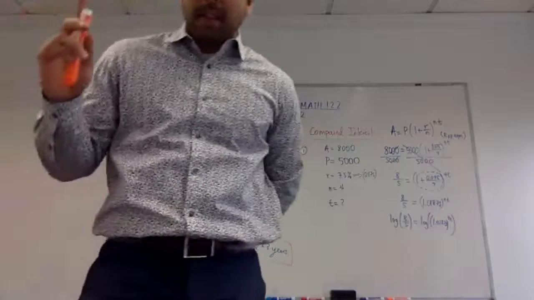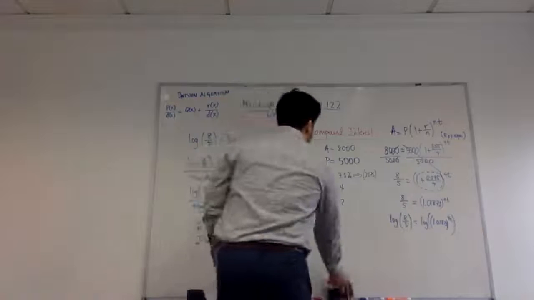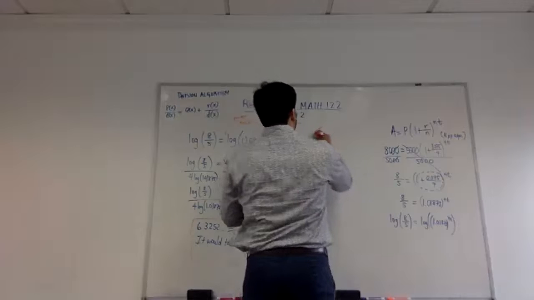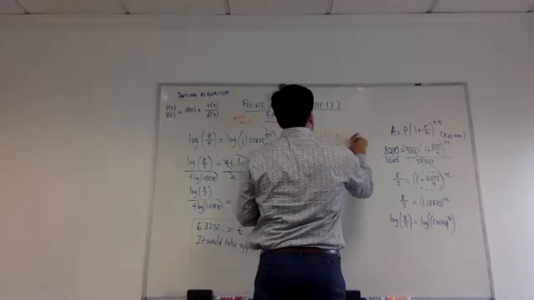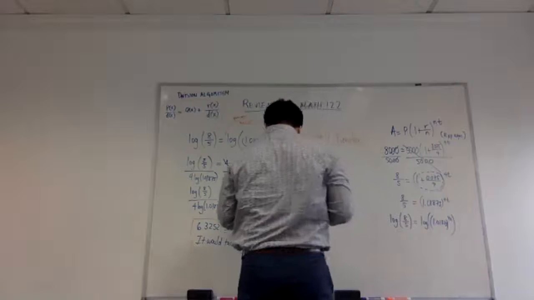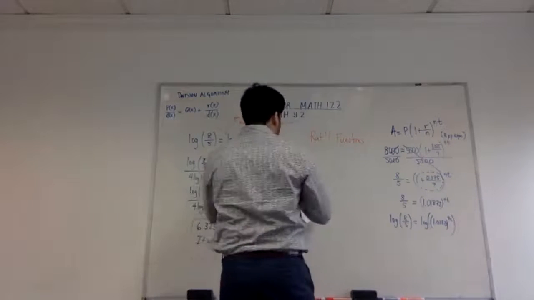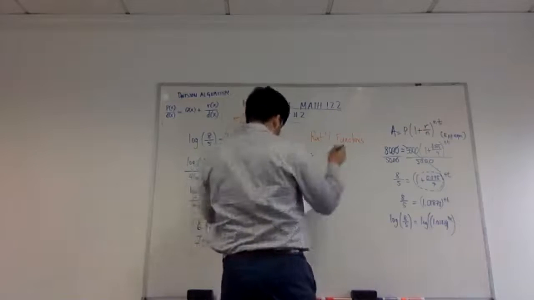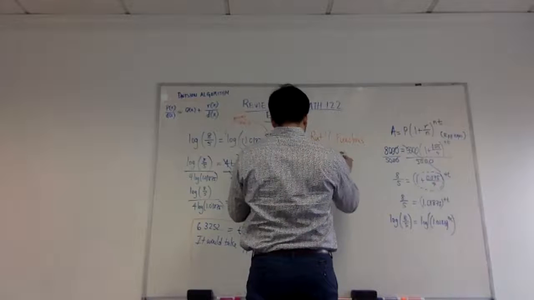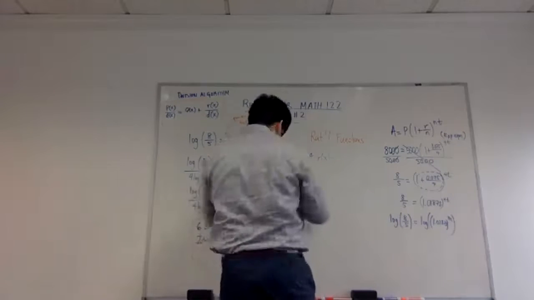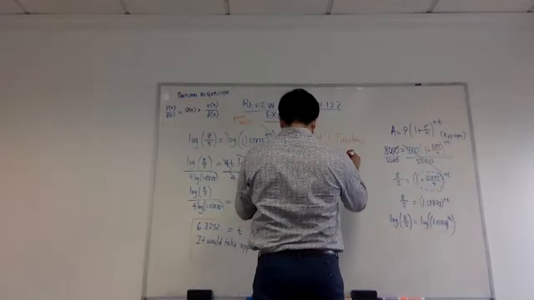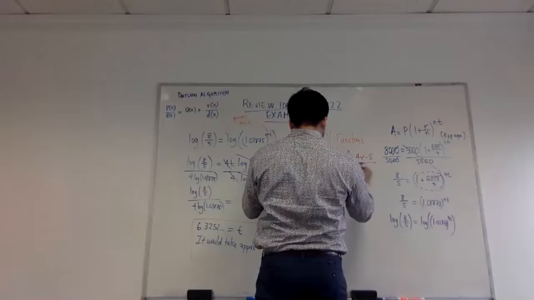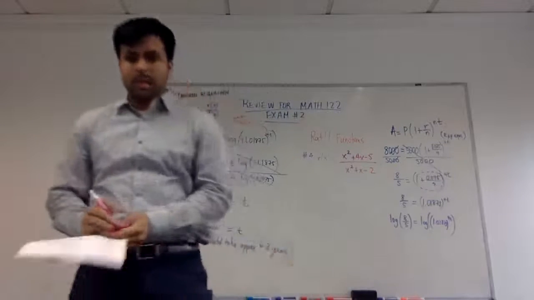Actually, let me just do that real quick. So this is in rational functions, number 4. So r of x is x squared plus 4x minus 5 over x squared plus x minus 2, right?